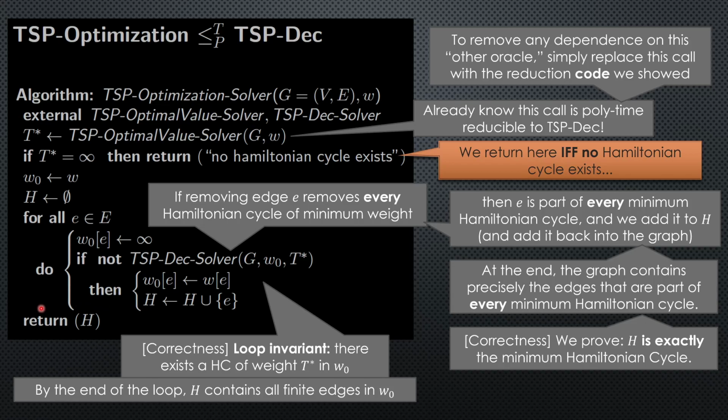Well, by the end of the loop, notice, when do we add an edge to H? We add an edge to H precisely when we set it back from infinity to a finite number.